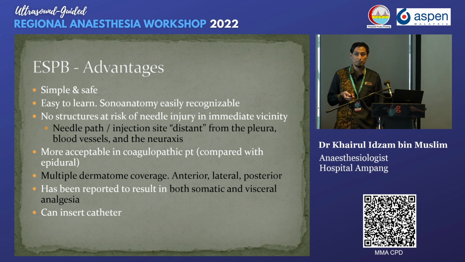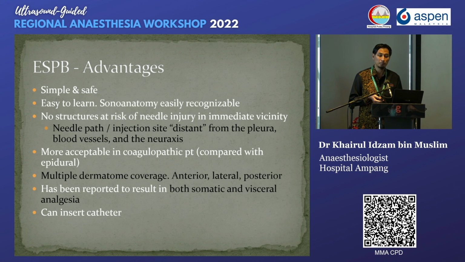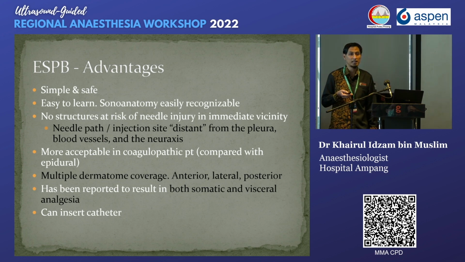It is more acceptable in coagulopathic patients compared with epidural. It gives multiple dermatomal coverage, as I mentioned: anterior, lateral, posterior. It has been reported to result in both somatic and visceral analgesia, and we can insert a catheter.